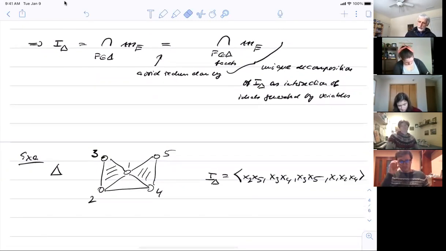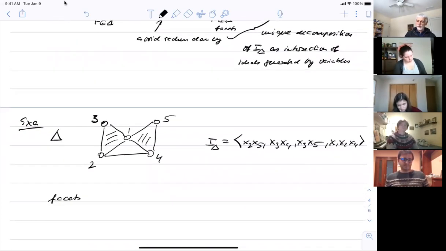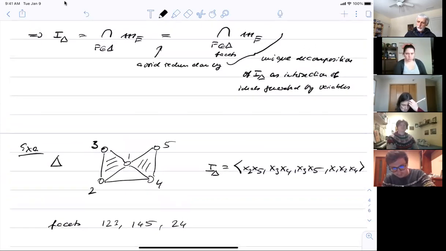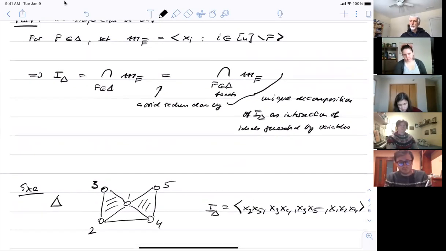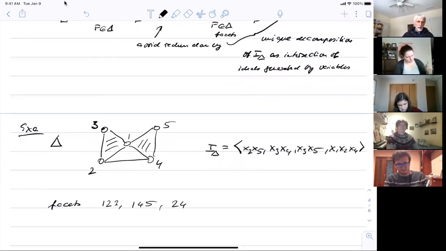Alternatively, with what we just discussed, we could look at the facets. The facets are 1, 2, 3, then 1, 4, 5, and 2, 4. Now I want to define these ideals. I take the complementary indices, and that gives me the corresponding ideals. So I claim: for 1, 2, 3, the complement is 4 and 5, so I take x4, x5.